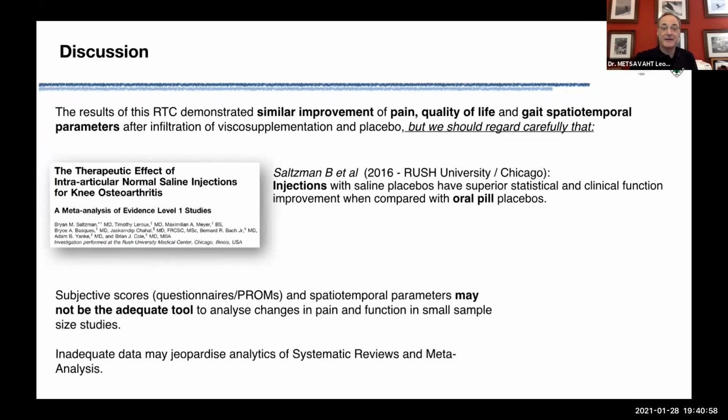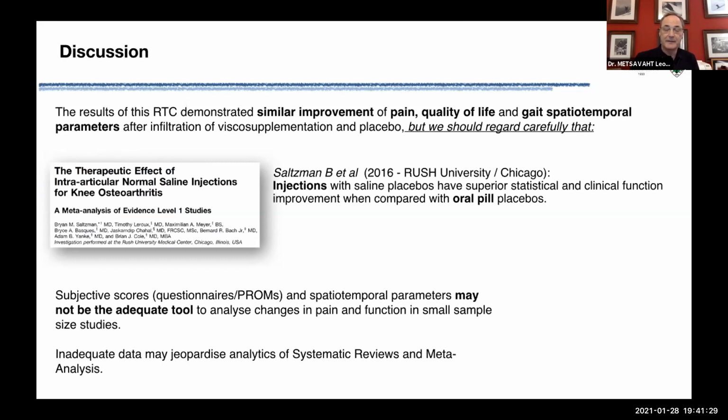And subjective scores, PROs, and spatial temporal parameters may not be the adequate tool to analyze changes in pain and function in small sample sizes. So that corroborates our idea that many of these RCTs that we see around use WOMAC, IKDC with small sample sizes. They may bring us biased information.